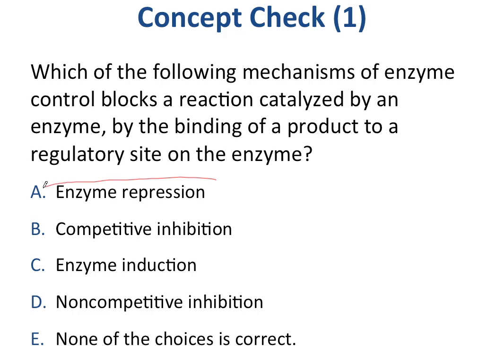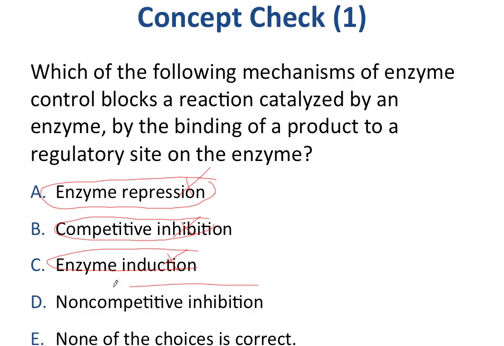So we can see enzyme repression is not correct, okay? Competitive inhibition is not right because the competitive reaction binds with the active site. Enzyme induction, no. Enzyme induction means make more enzyme. So non-competitive, yeah, non-competitive is right because non-competitive inhibition is to bind with the regulatory site.